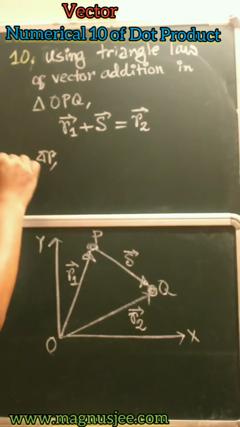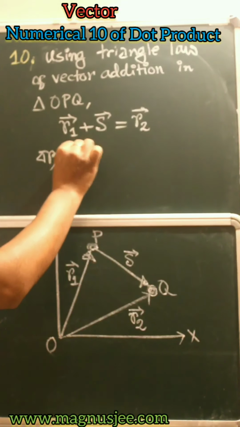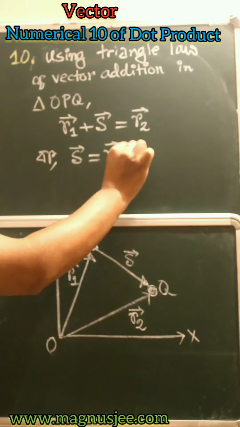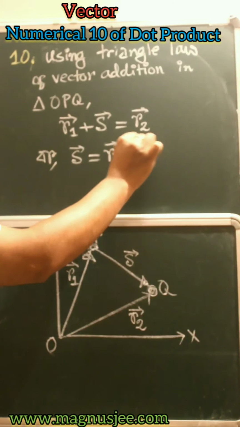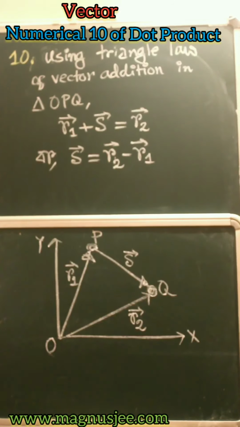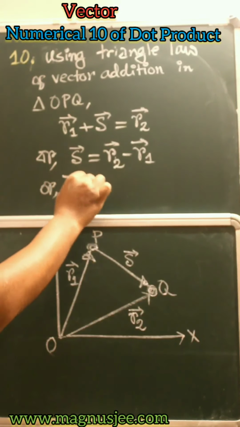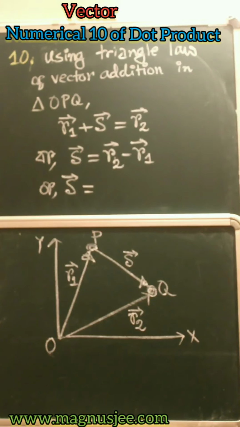Or, vector S equals vector R2 minus vector R1. That is, displacement vector S is equal to final position vector minus initial position vector.